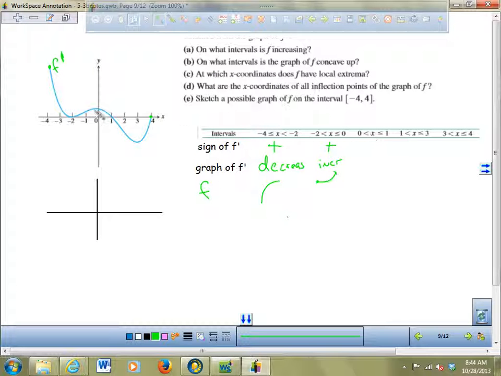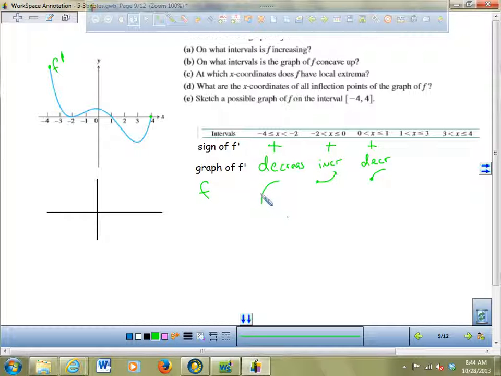From 0 to 1, is my derivative positive or negative? Positive. Is my derivative increasing or decreasing? Decreasing. So what does that mean about my graph? It's concave down. It's increasing, but it's concave down, just like this. Follow that?